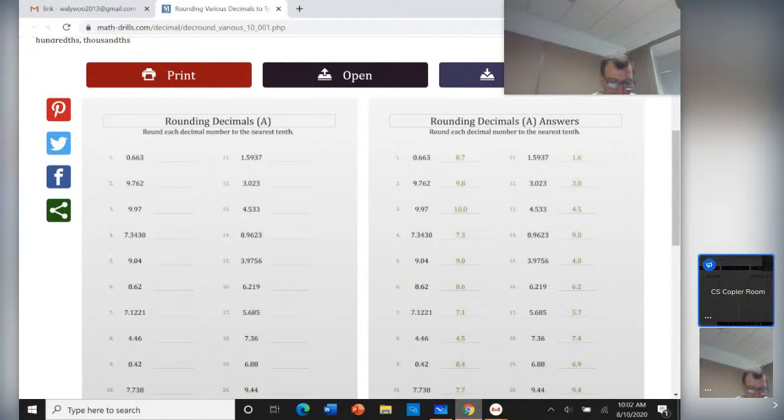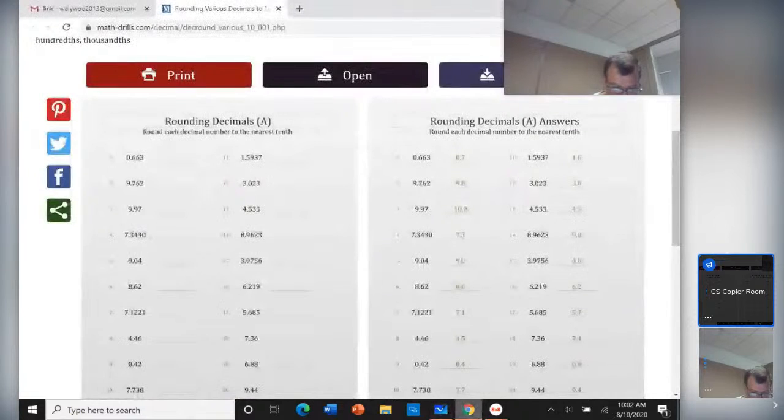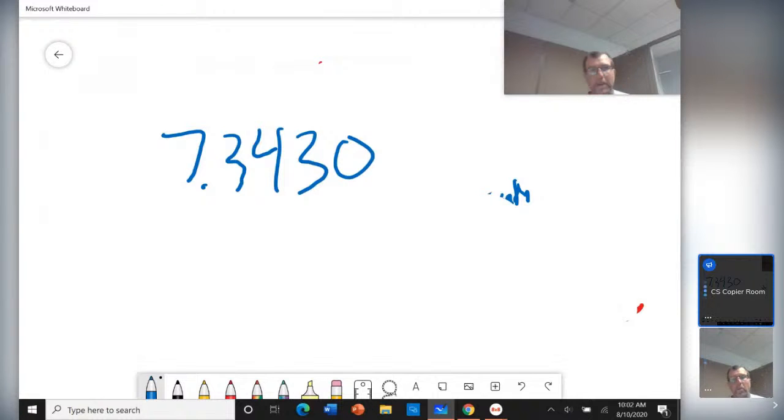Okay, we'll look at this worksheet here and we'll do 7.3430. So remember, what it's asking you for is the tenth place. The tenth place is this one right here.